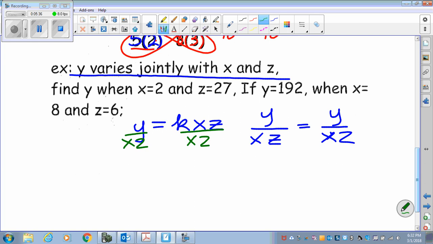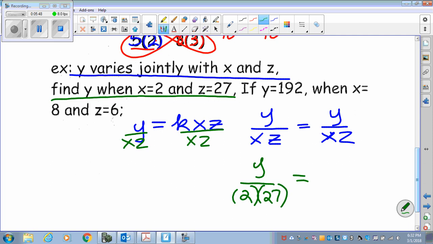So let's see. These all go together. So y is my unknown, x is 2, and z is 27. And then over here, 192 for y, x is 8, and z is 6.